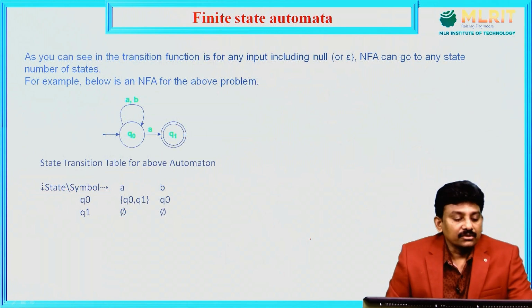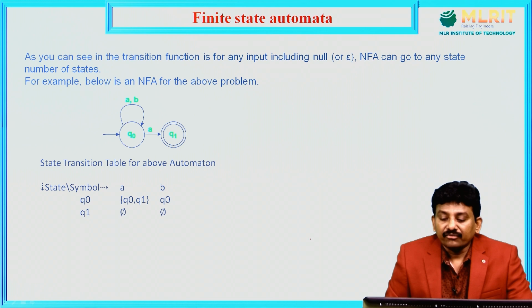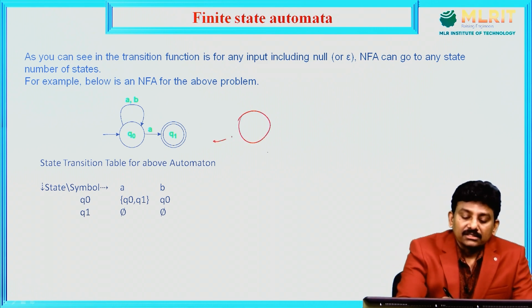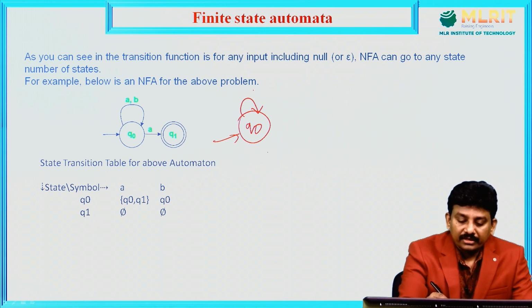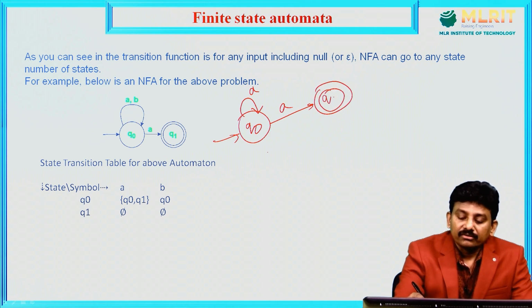As you can see in the transition function, for any input including epsilon, an NFA can go to any number of states. For example, below is an NFA for the same problem, strings that end with A. Q0 is the initial state. For input symbol A, you can stay in Q0, or go to Q1, the final state.